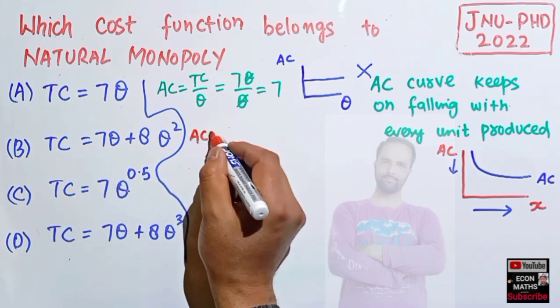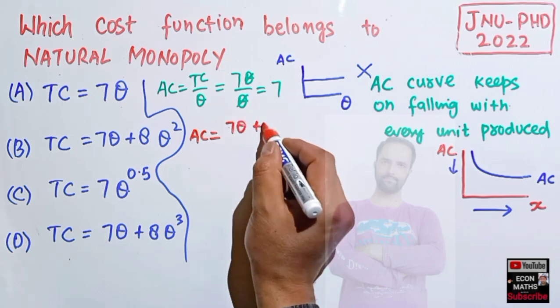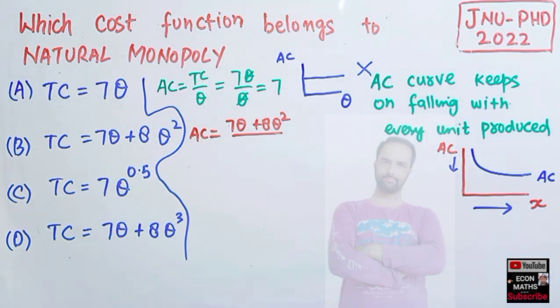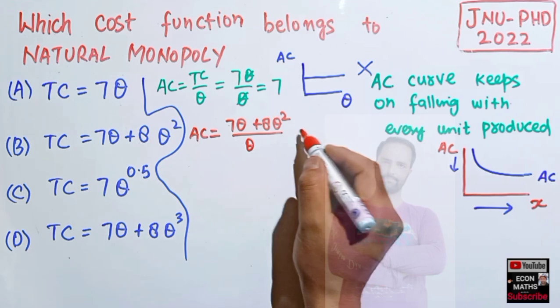In case of natural monopoly, let's take the second. So average cost is simply total cost upon output. So we have 7q plus 8q square divided by q. To this we divide by output.